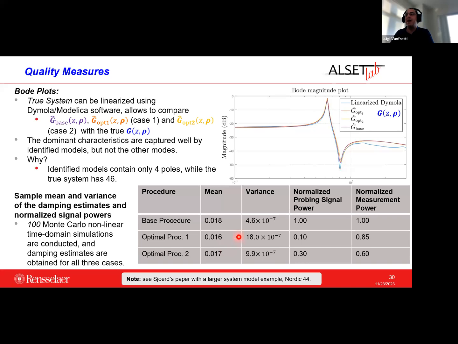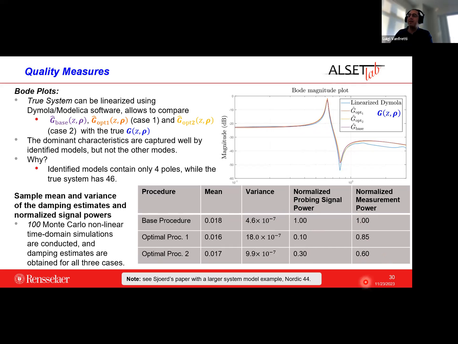We do have a little bit of bias. Now, if you look at the normalized probing signal power, of course, the base procedure is 1 because it's just the DOM signal. But in the other 2 cases, where we have coefficient 1 and 2 being set, the probing signal and the measurement signal powers are reduced with respect to just a normal sinusoid.